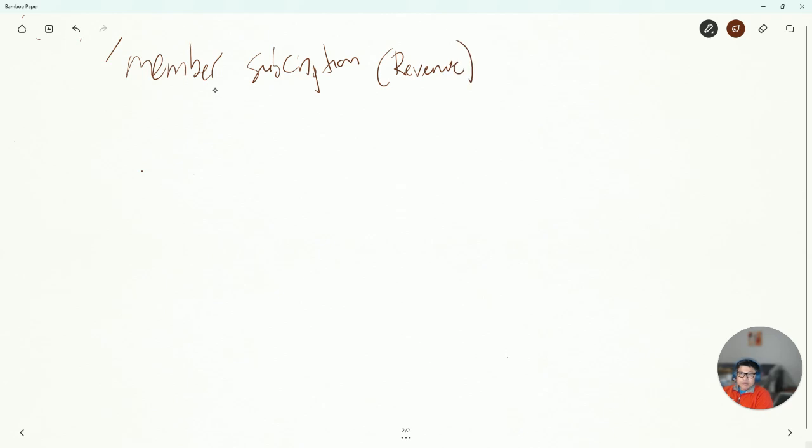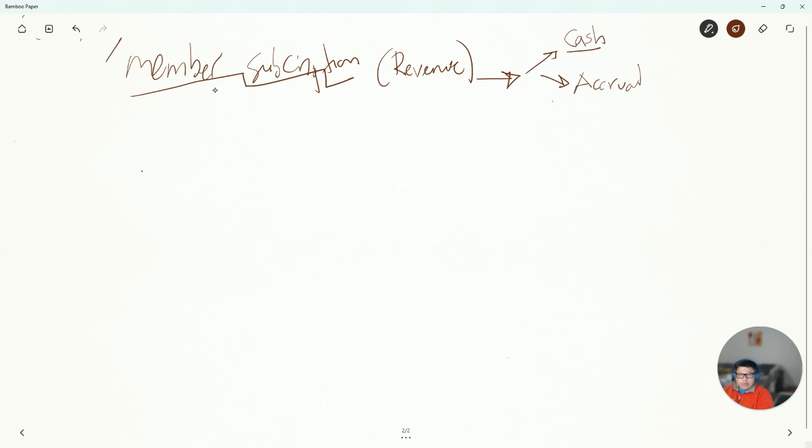A member subscription is what the member pays to the organization. This is based on the concept of cash accounting and accrual accounting, depending on which accounting method your organization uses. With cash accounting, revenues and expenses are recorded when you receive cash and when you pay cash.